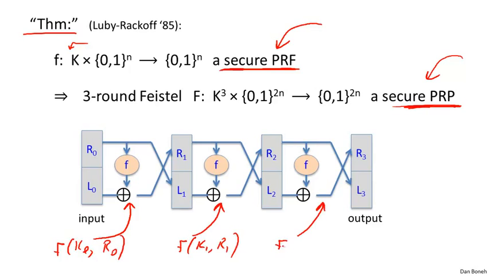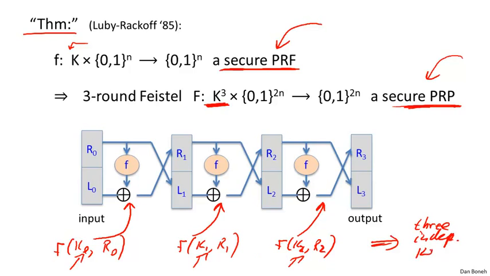And here we have yet another secret key, K2, applied to R2. And you notice this is why this Feistel construction uses keys in K cubed. In other words, it uses 3 independent keys. So it's very important that the keys are actually independent. So really we need 3 independent keys, and then we end up with a secure pseudo-random permutation.